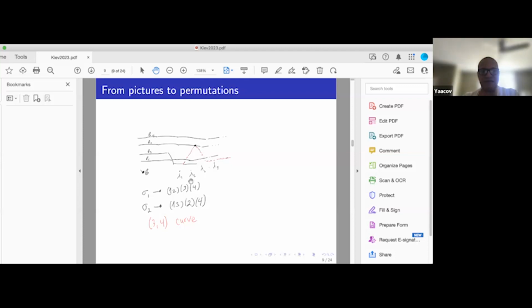And in this case, if you look at sigma 2, these are the red dots. So the first sheet and the third sheet are coming together, so it's going to be (1 3). And then 2 and 4 are not coming together, so they are unramified. So then you have (2)(4), and here you basically break your sigma I into disjoint cycles.